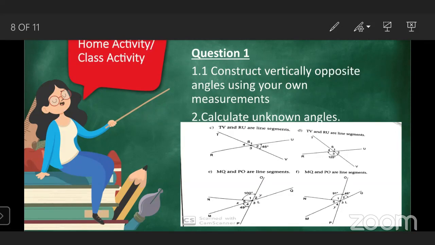You must make sure the vertically opposite angles are equal, the same measurements, and you must form 4 angles. That's our number 1.1. And for our number 1.2, you will calculate the missing values for our angles.